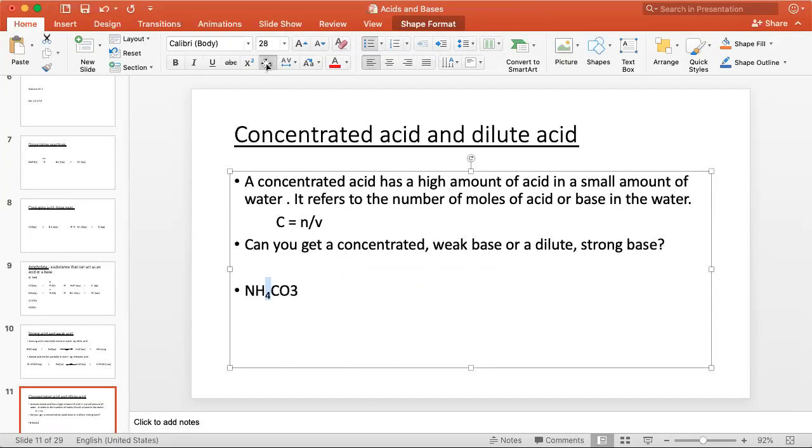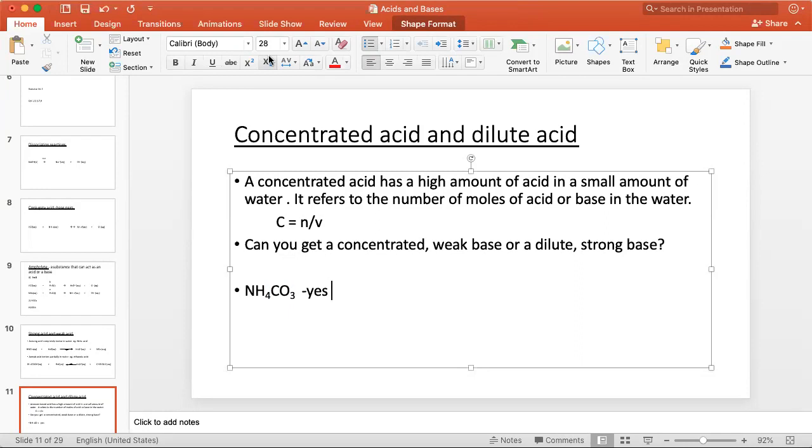So all you have to know is if you have a concentrated weak base, it will be a weak base, but there'll be a high number of moles in water. So it's possible you can get this. You can get a weak base, for example, ammonium carbonate.